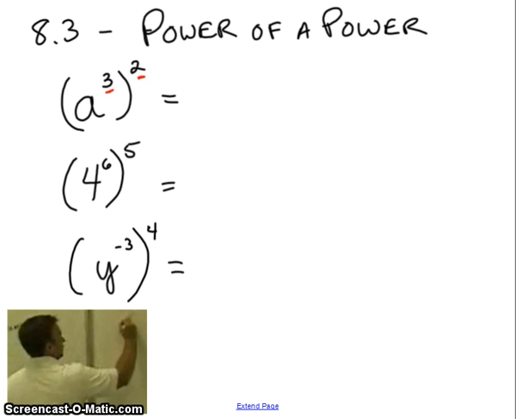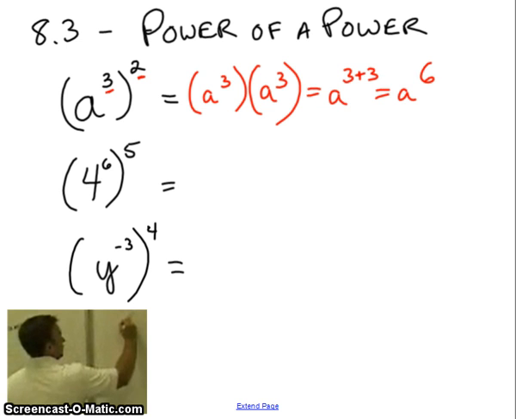Now a cubed squared is technically a cubed times a cubed. And we learned that when we're multiplying powers, we just add the power, which is a to the sixth.